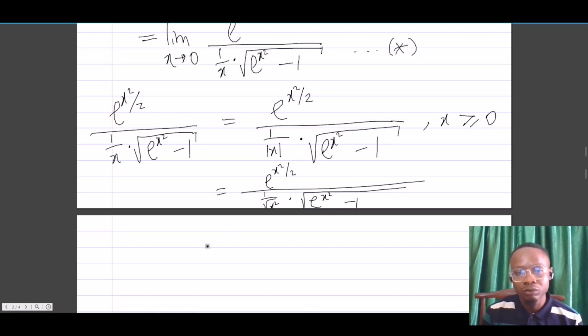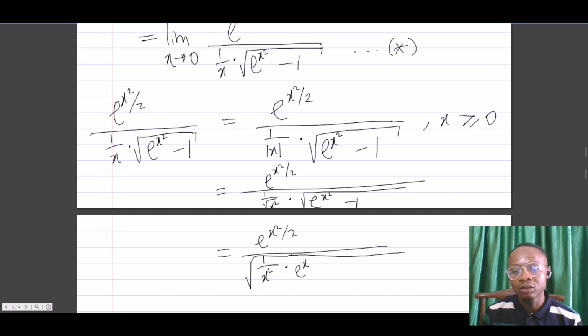So with this, we can now move this inside the square root sign, because this is just going to be equal to e to power x squared over 2 divided by what we have here, which will be the root of 1 over x squared. So all of them will be in the root sign now. So we can say this is this multiplying e to power x squared minus 1.